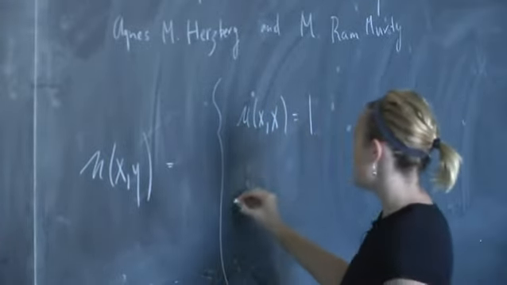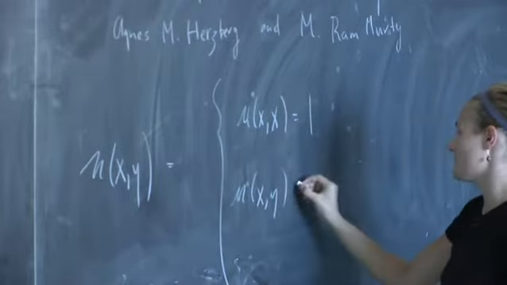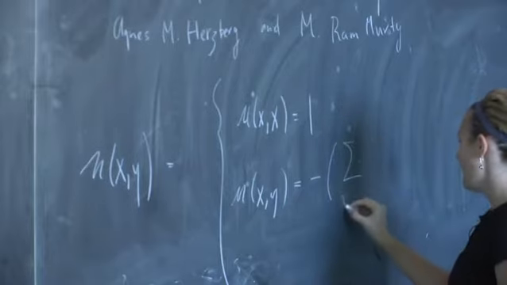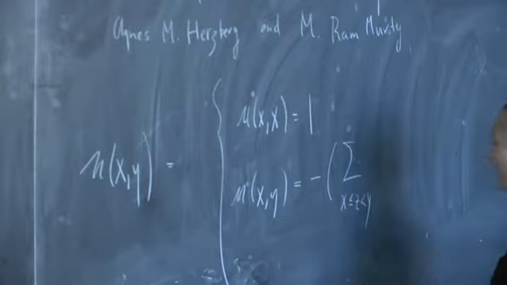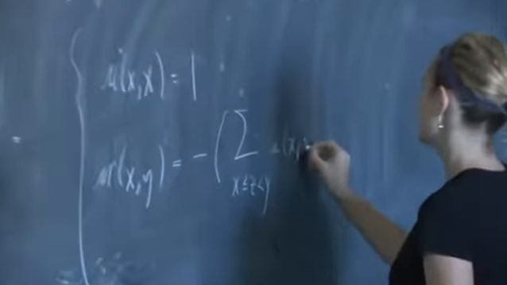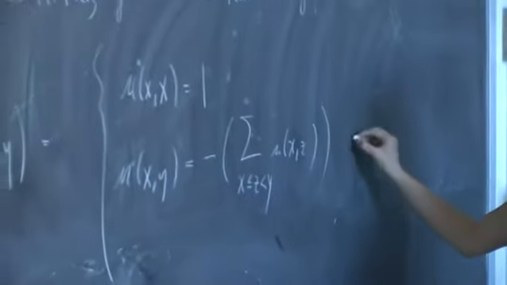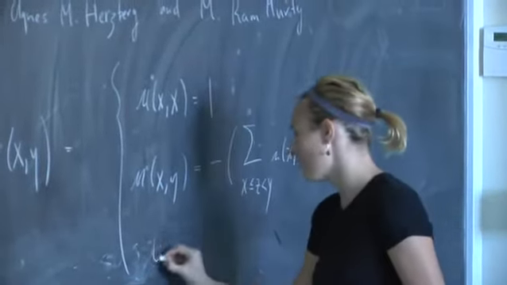Then mu of x, y is equal to negative the sum over z between x and y, closed interval at x, open interval at y, of mu of x, z. This is if x is less than y, and the function is 0 otherwise.